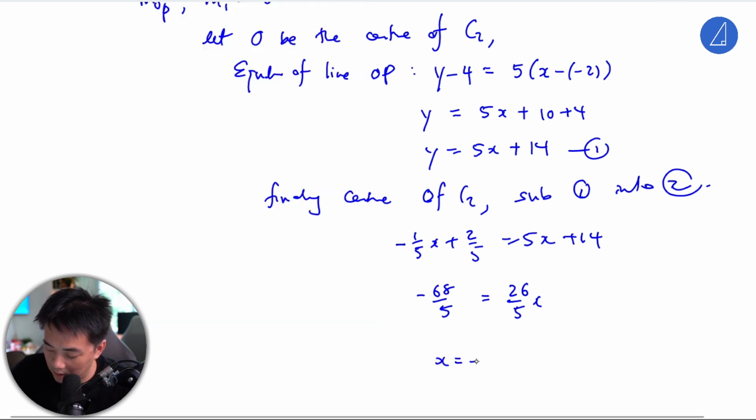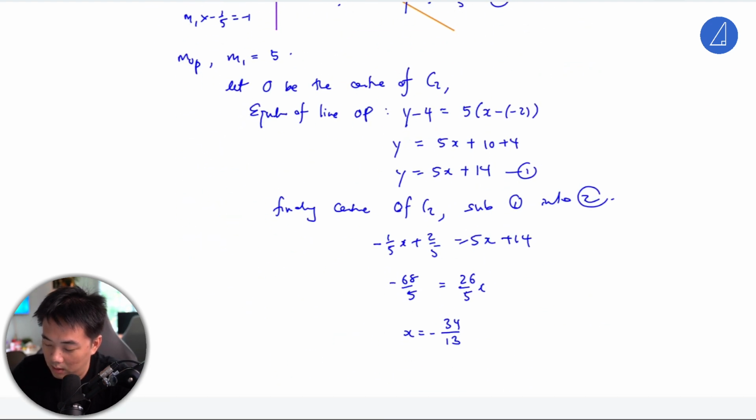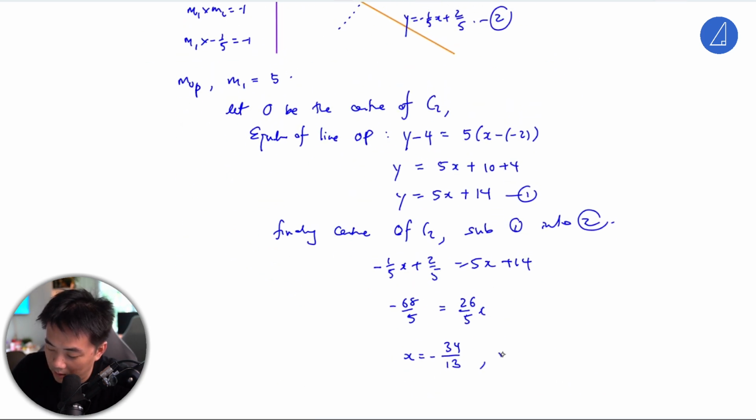So x equals to -34 over 13. Okay, so that is what I get for the center O. Then my y will be 5 times -34 over 13 plus 14.